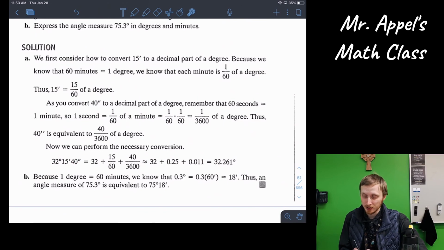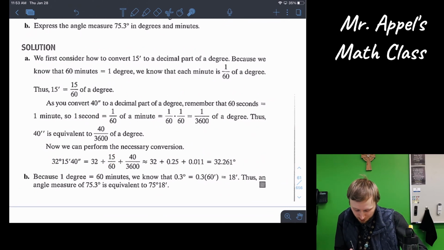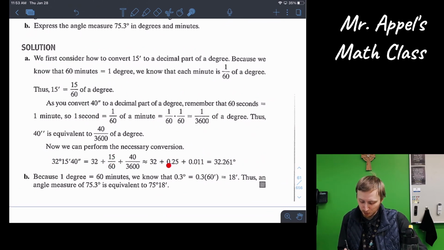Now we can perform the necessary conversion. So we turn this minute and second format into fractions of degrees, which can then be converted into decimals. Right? You can feel free to run this division by hand or use a calculator. 15 divided by 60 is 0.25, and 40 divided by 3,600 is 0.011. So we get 32.261 degrees.